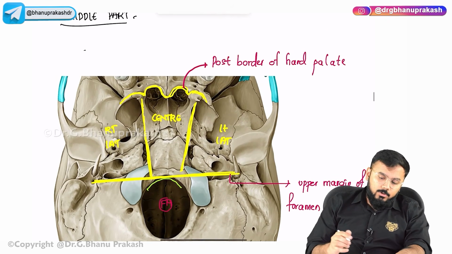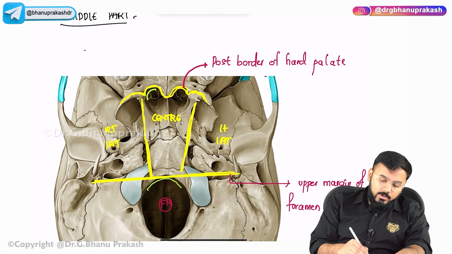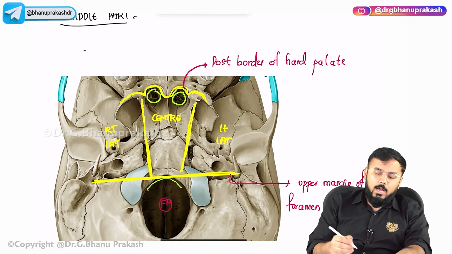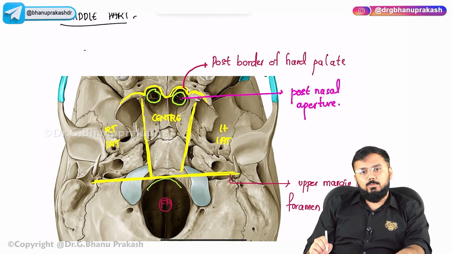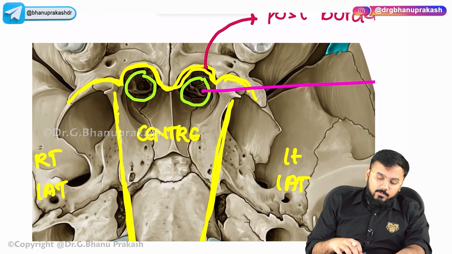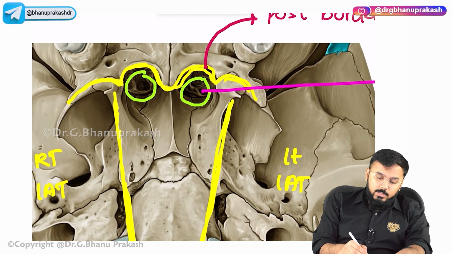Another important thing you need to know is that you can see an opening over here. What are these two openings? These two openings are called the posterior nasal aperture. And if I zoom in, can you see a bone over here?